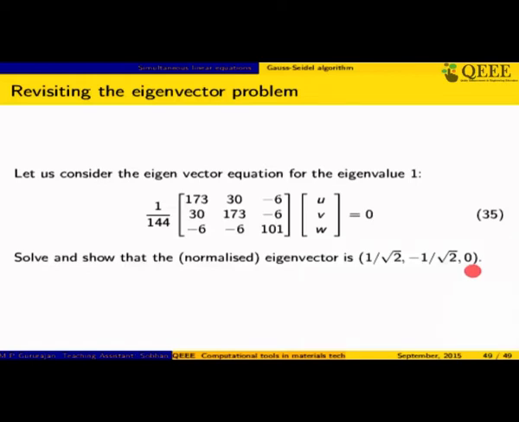It is basically on the xy plane, a line that makes 45 degrees with x positive and y negative, so it is in the fourth quadrant. It is a diagonal line in the fourth quadrant of the xy plane. That is the eigenvector for this problem.